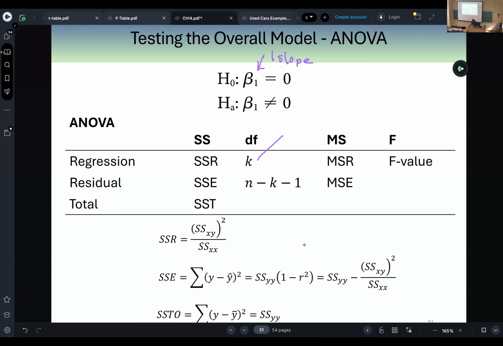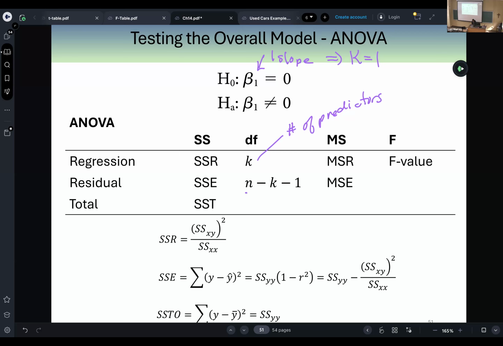K is, in this case, the number of predictors. And so it would just be 1. For simple linear regression, K would equal 1. So if one slope, then K equals 1. And remember how all along we've been using n minus 2? Here is why.